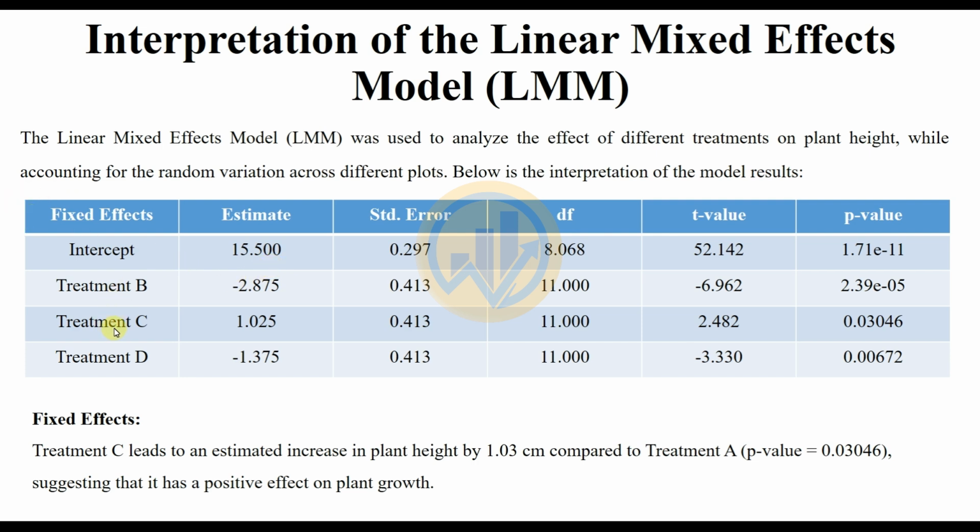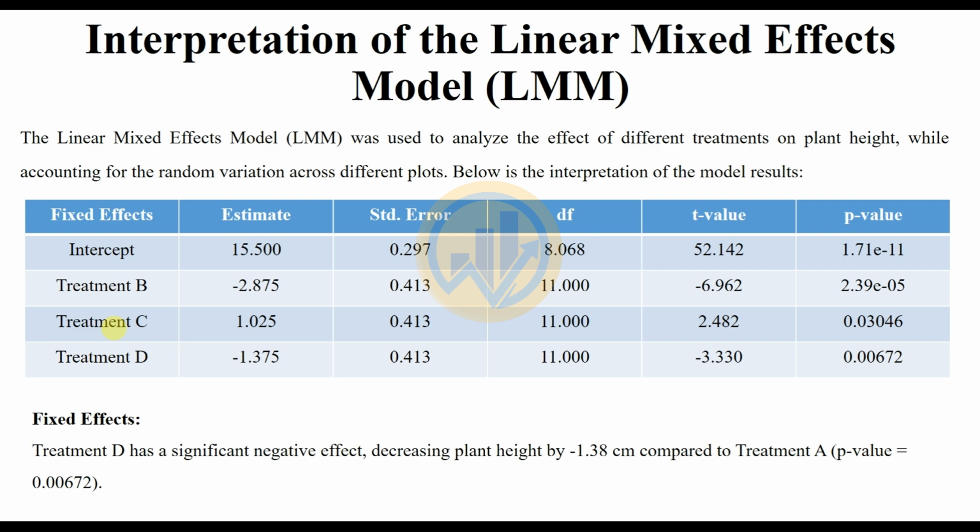Treatment D has a significant negative effect, decreasing the plant height by 1.38 centimeters compared to treatment A. The p value is 0.00672.